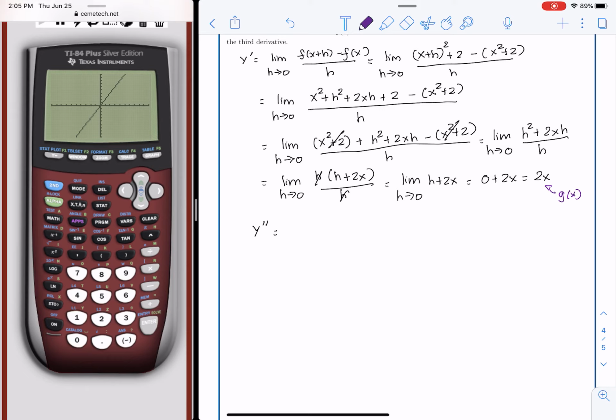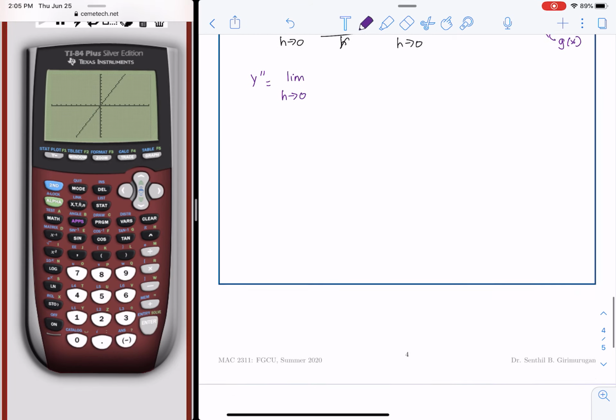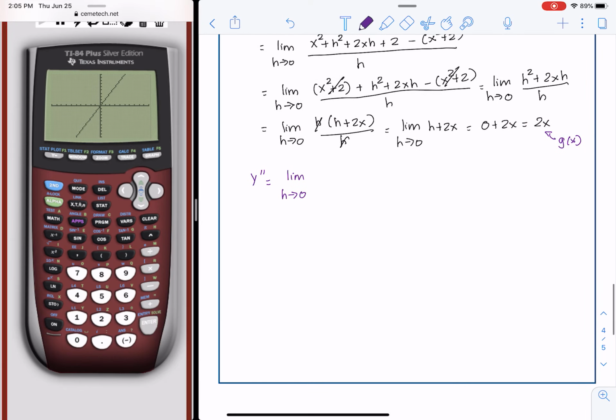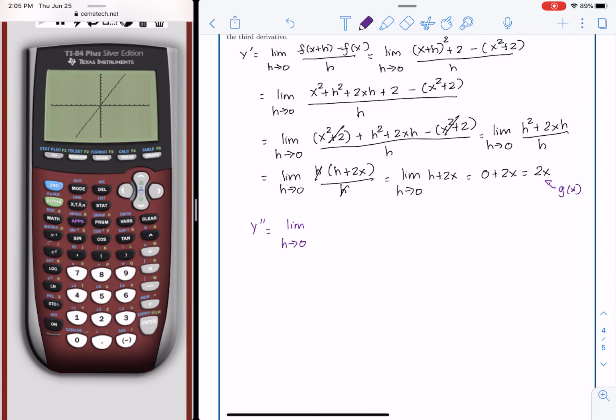So what we're trying to find here, using the difference quotient, limit h approaches 0, g of x plus h minus g of x divided by h.